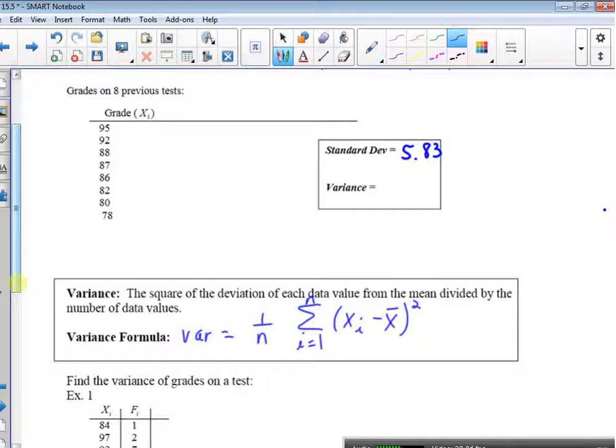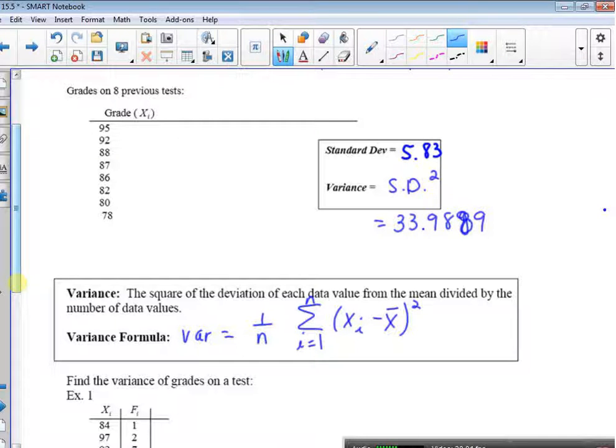Basically, the variance is just the standard deviation squared. So if I take 5.83 and square it, it's 33.9889.